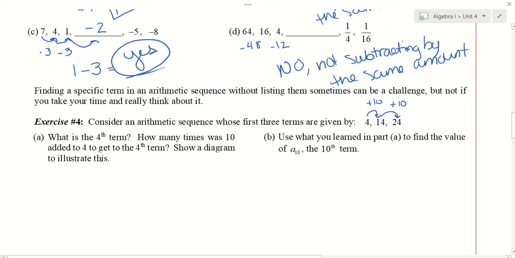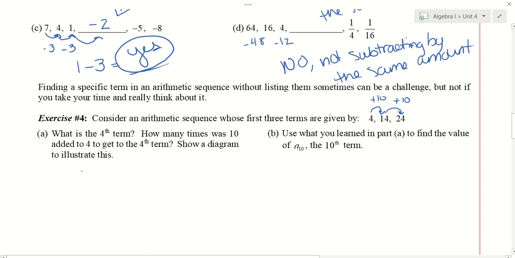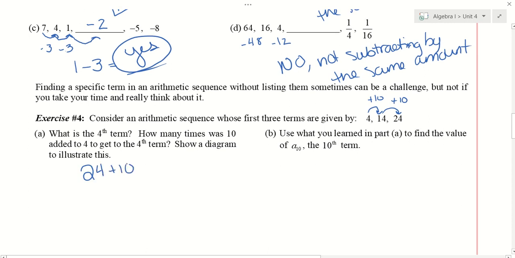So what is the fourth term? Well, the first term is 4, the second term is 14, the third term is 24. So for the fourth term, I must add 10, which is 34. On the fourth term, which we would write A of 4, how many times was 10 added to 4?